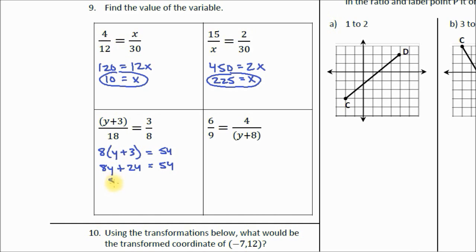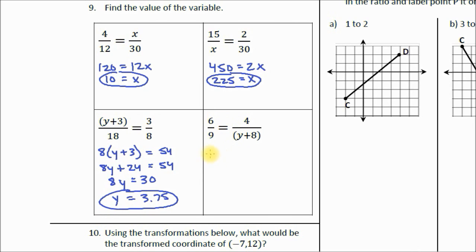Subtract 24 from both sides, and we end up with 8y equals 30. Divide both sides by 8, and you're going to end up with y is approximately, oh sorry, this actually comes out exactly to 2 decimal places. Let's just leave it that way. y is equal to exactly 3.75.